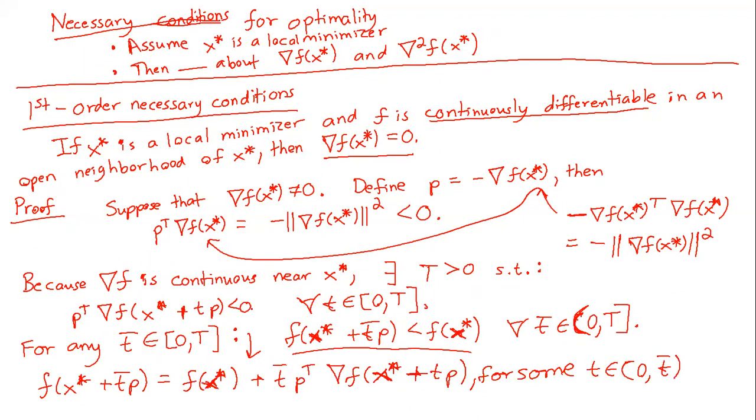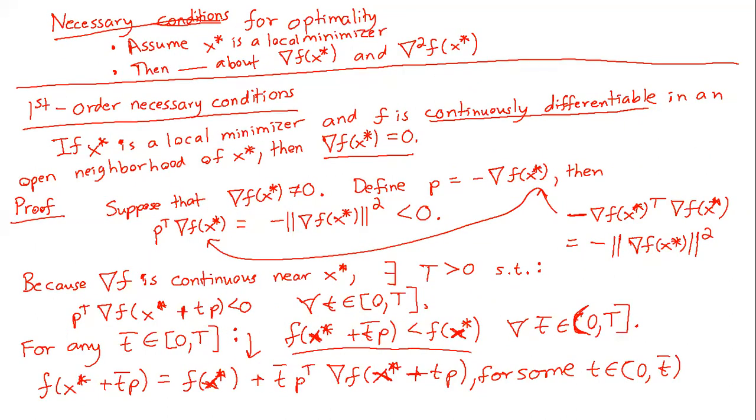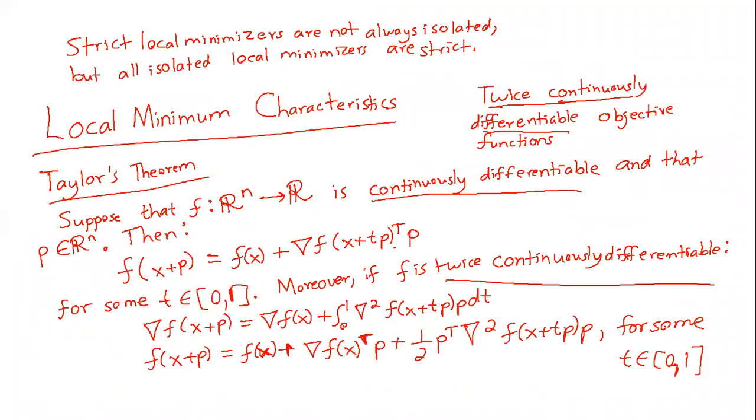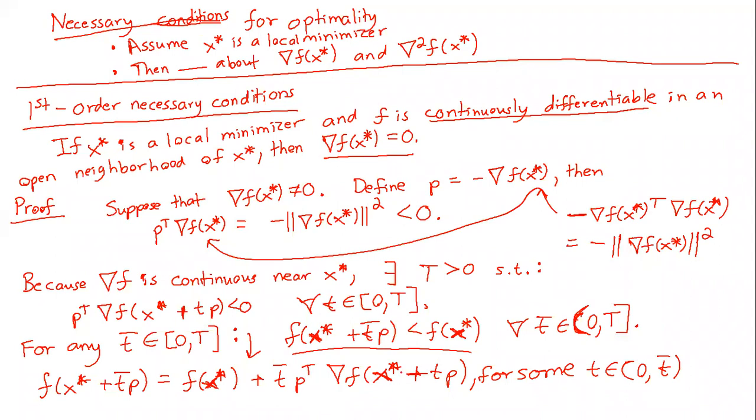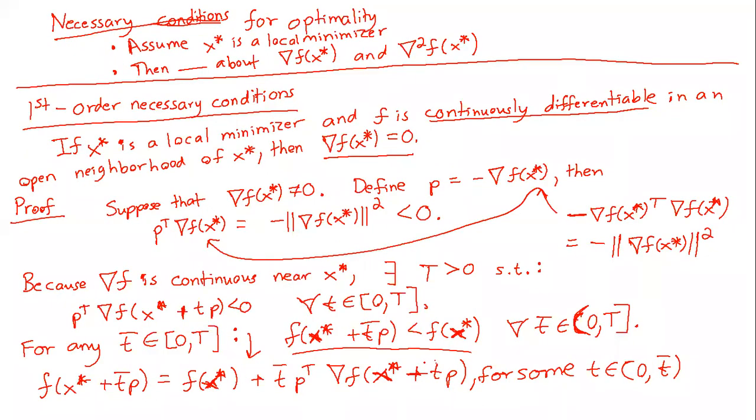And then we say it's equal to f of x star, the corollary of this part, plus the t-bar p transpose. Because t-bar p is playing the role of p, we have t-bar p transpose del f of x star plus tp, and the t there is just without a bar, and that one has to be between 0 and t-bar.